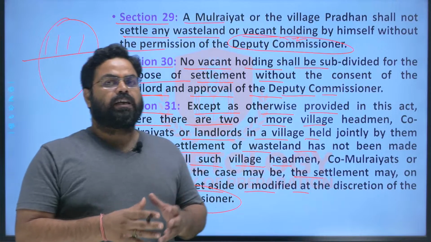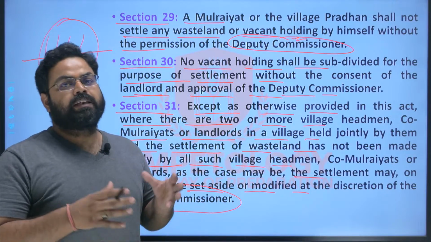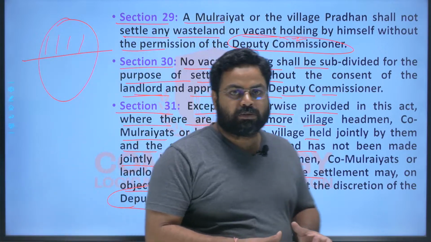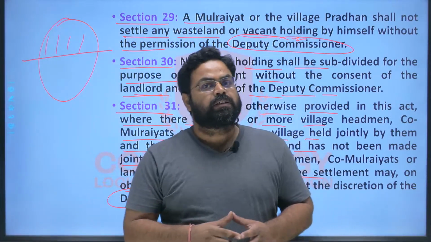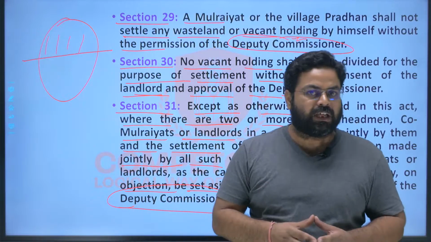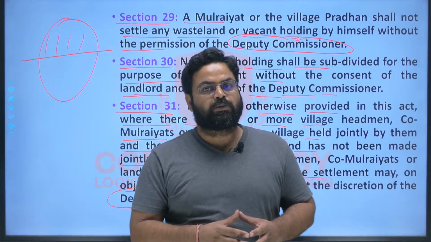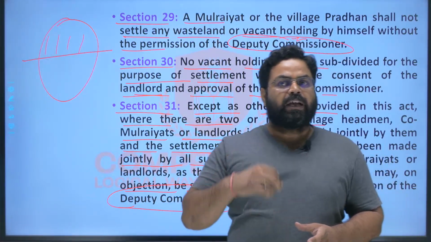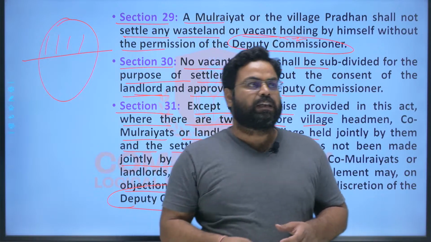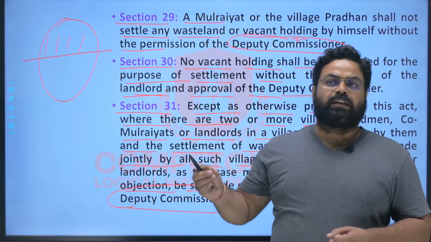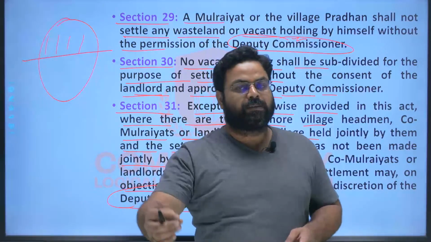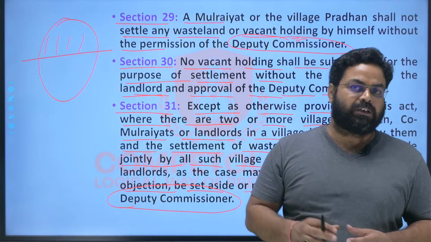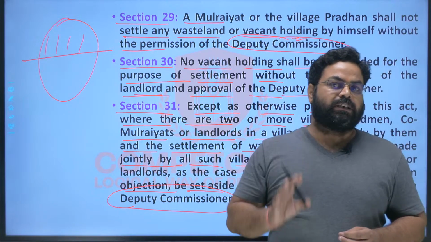And if it is not done with the consent of both of them, then in such case what will happen? In such case, one of the persons who has not given the consent for the settlement of the land can go on to complain to the DC, can file an application to the DC that my consent was not with this settlement, but unilaterally the another jamindar or the landlord or the mulrayat or the village headman has done this settlement of the land without my consent.